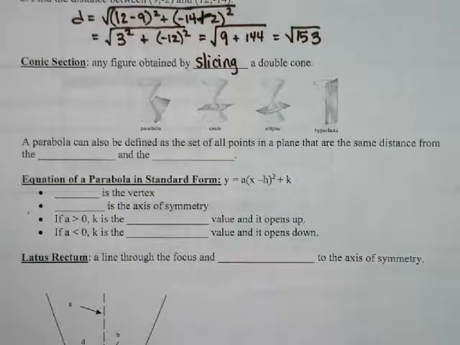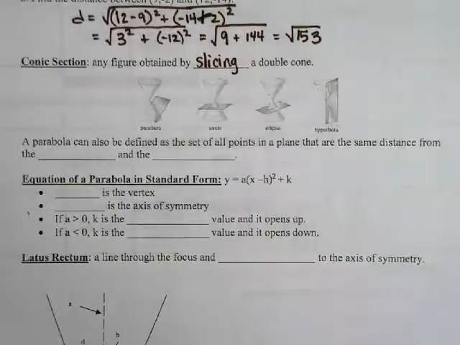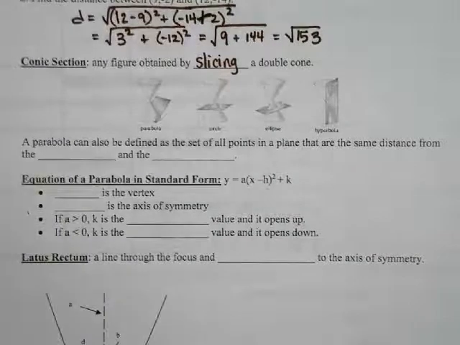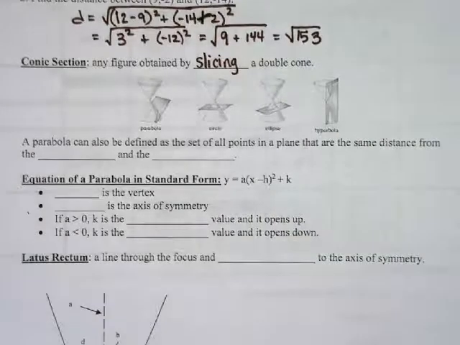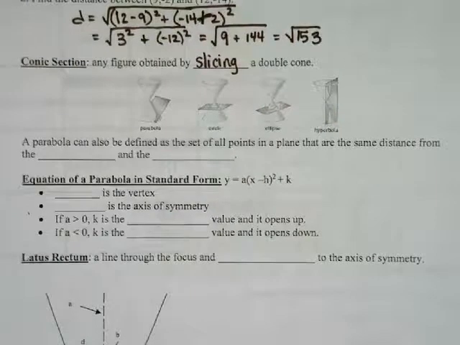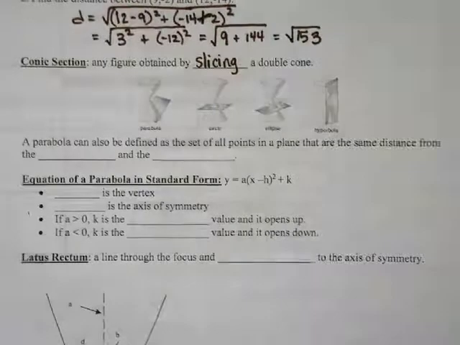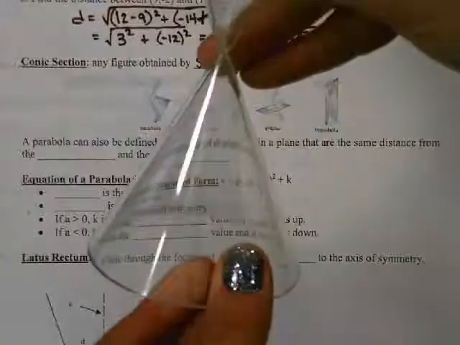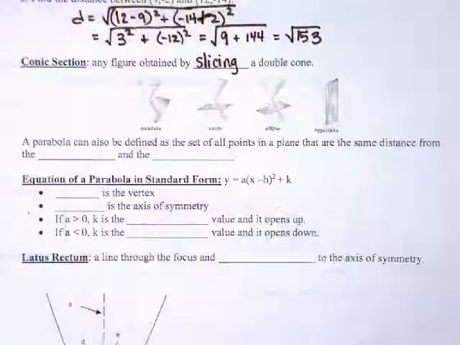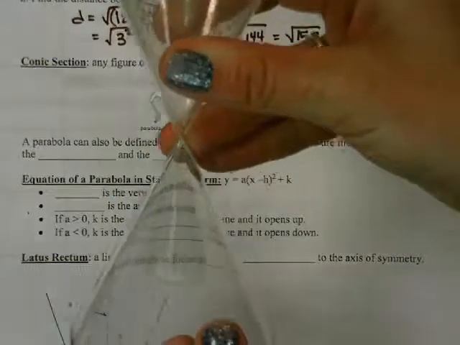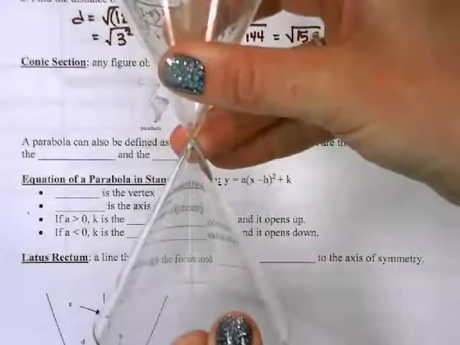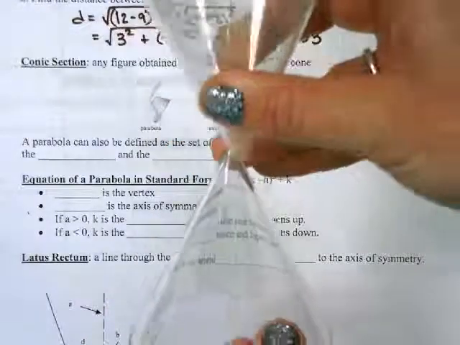Okay, here's a double cone. Kind of looks like an hourglass shape, right? So that's what all of those pictures are. And when we cut it and we slice off a piece of it, we get all these special shapes.